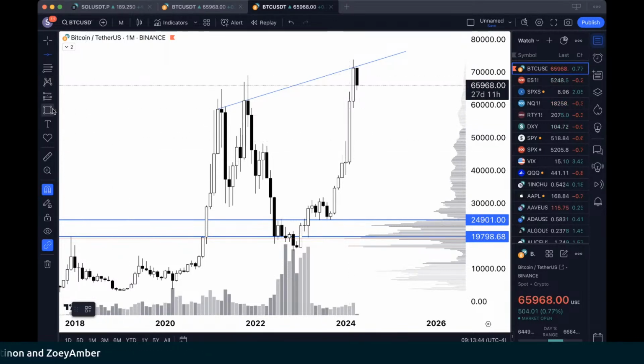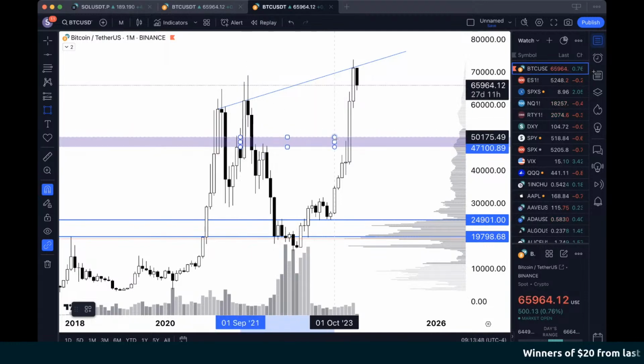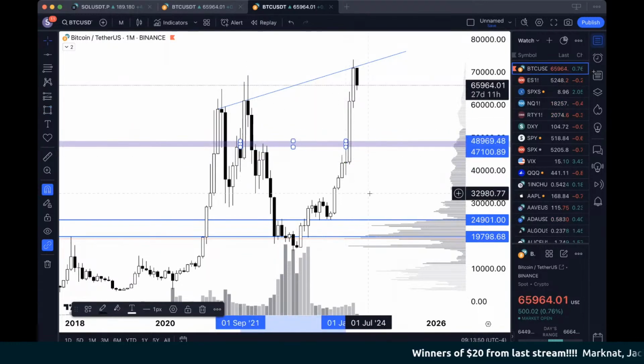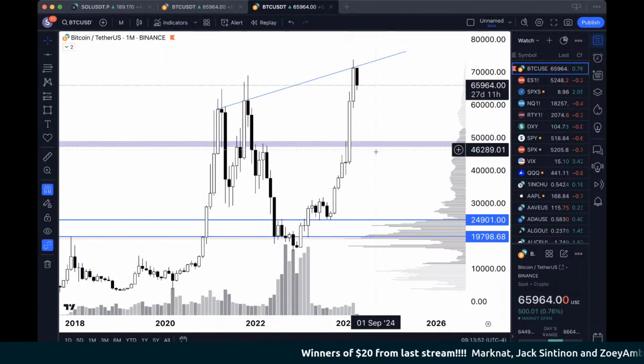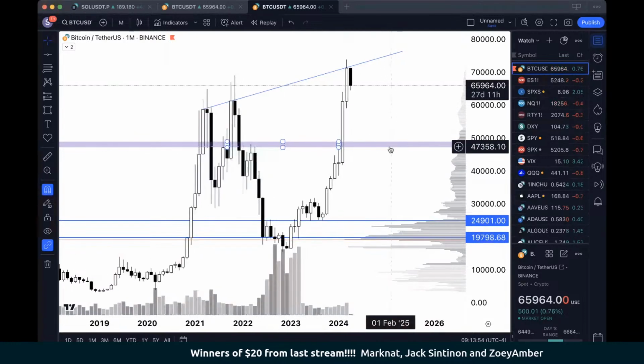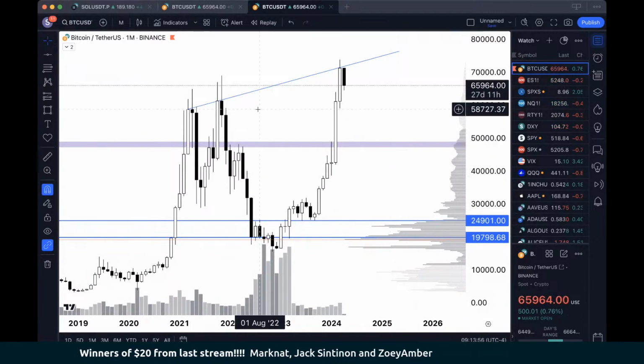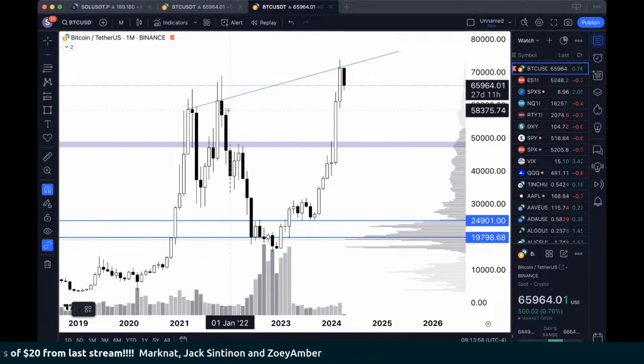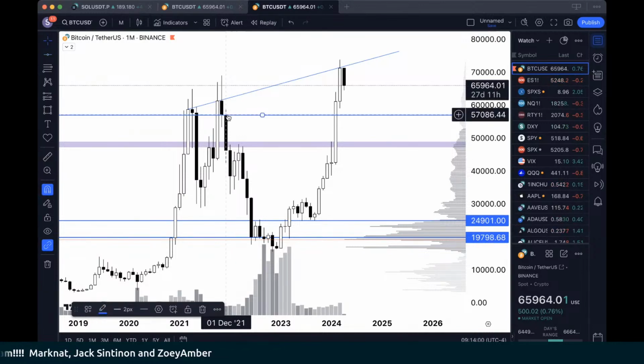Somewhere in this range, from here to here, I expect that to be an issue. This level right here from the previous run up.